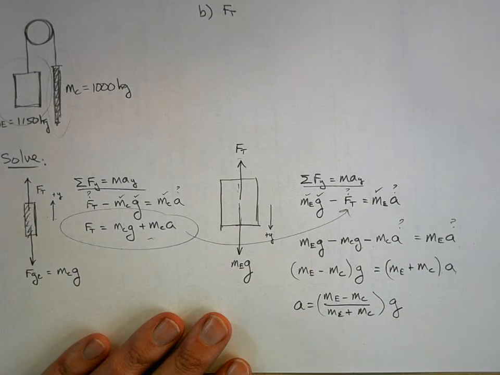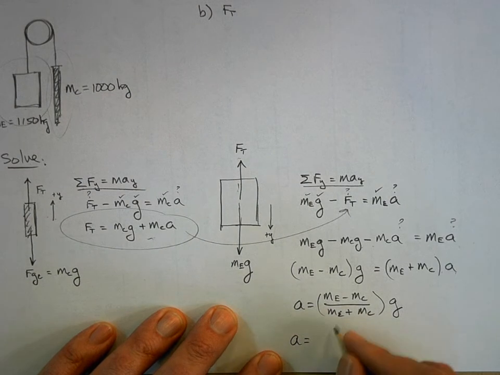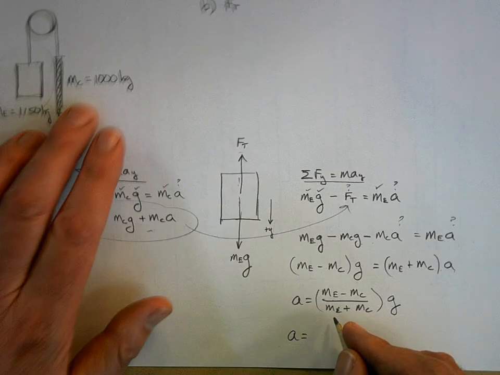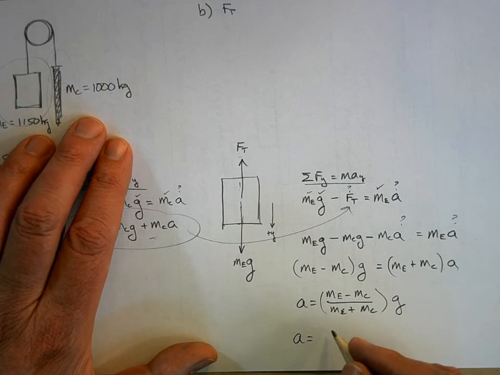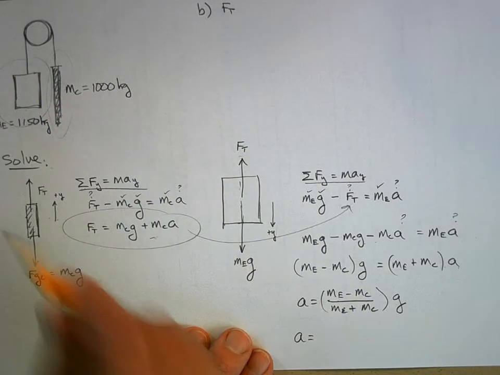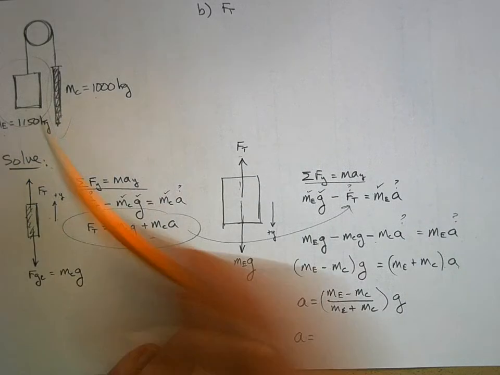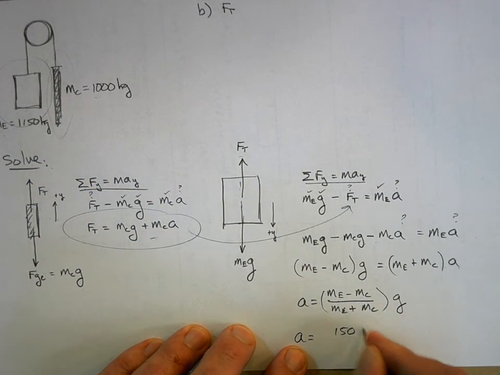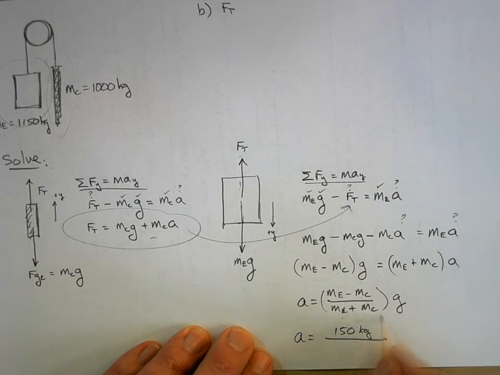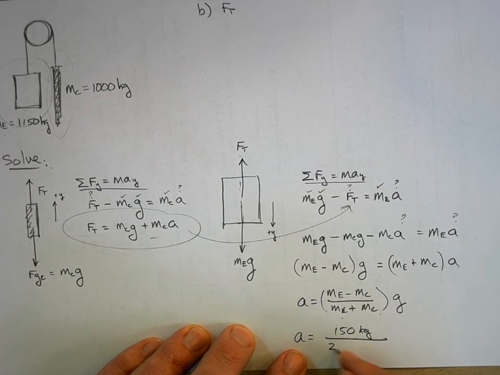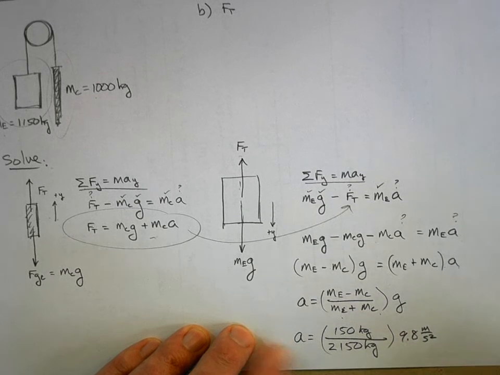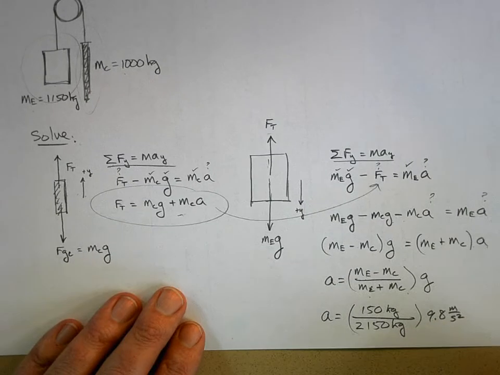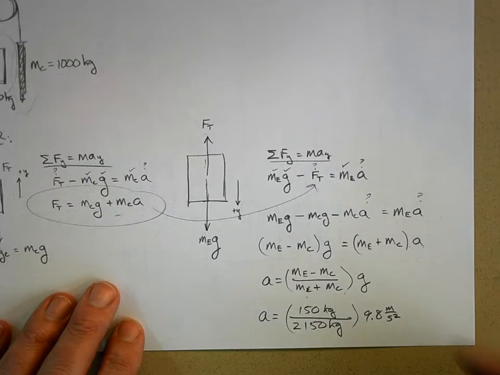Now I can plug in my values. Well, I'm just going to do this in my head because I'm running out of time. ME minus MC, that's 150 kilograms. ME plus MC, that's 2,150 kilograms. Times G is 9.8 meters per second squared. And I'm running out of room here on my paper, but that's okay.